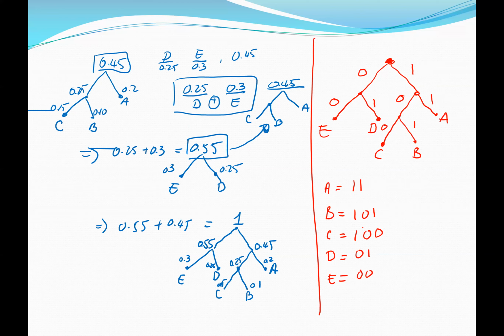You can see here, starting from the root, you want to go to E, you're going to go 0, and then 0. You want to go to A, you're going to go 1, and then 1. All right, so that's how you follow the branches, right? You can see here, 1, 0, 0 will give you C, 1, 0, 1 will give you B. Okay, so that's what we have, Huffman coding.